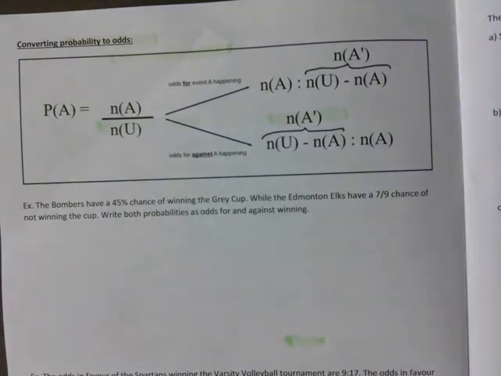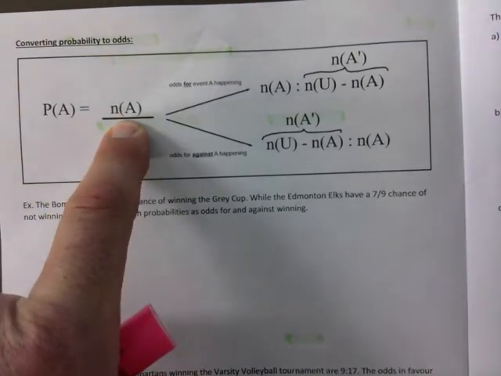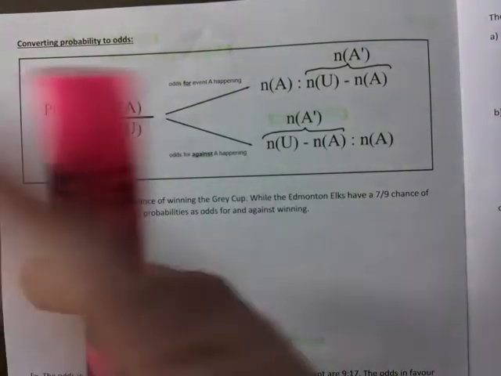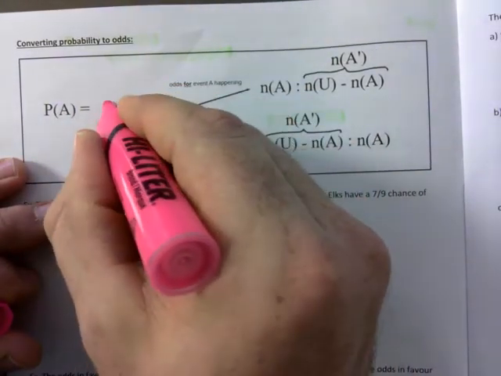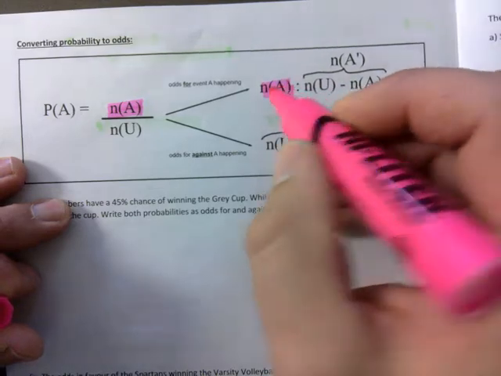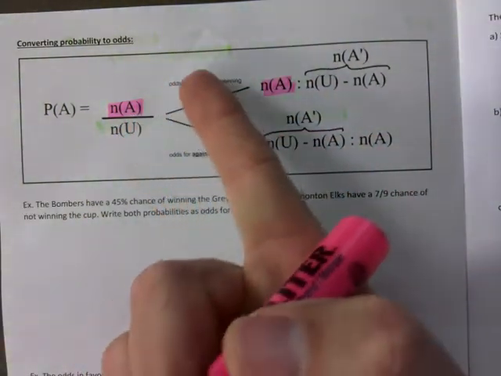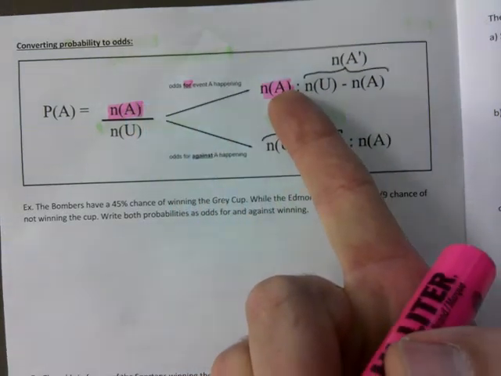Converting probability to odds, so going the other way, right? Let's take our highlighters again. So if you're given the probability of something happening, then we know that the top is it happening. So I'm going to use pink for that one. So that comes here. If it's odds for, right, event happening, then we would put that top number there.